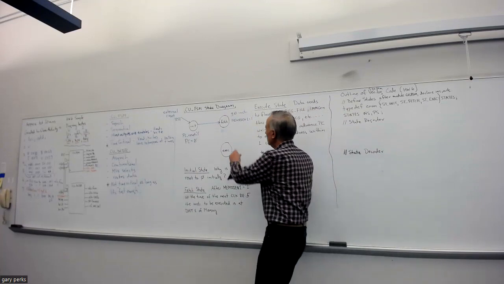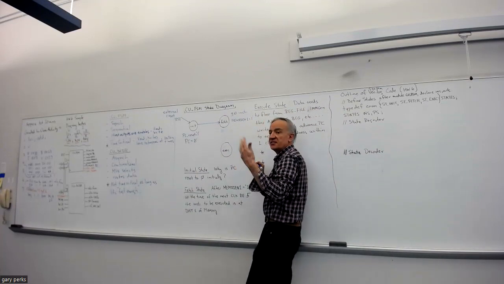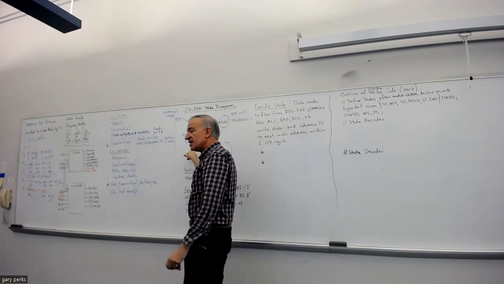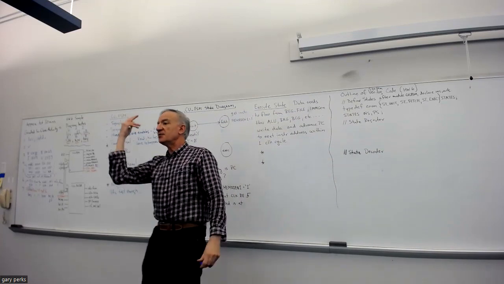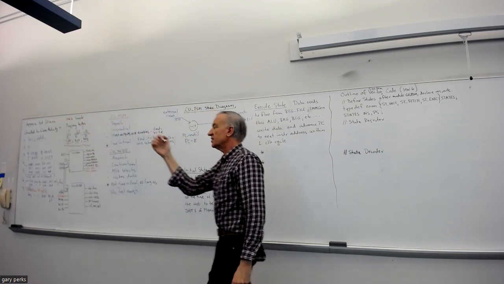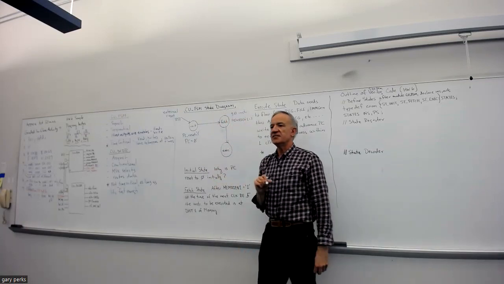So when this is active, on the next clock edge, because it's synchronous, the instruction that's being addressed by the program counter is going to be at the output of the memory module. And then it goes into the execute state.